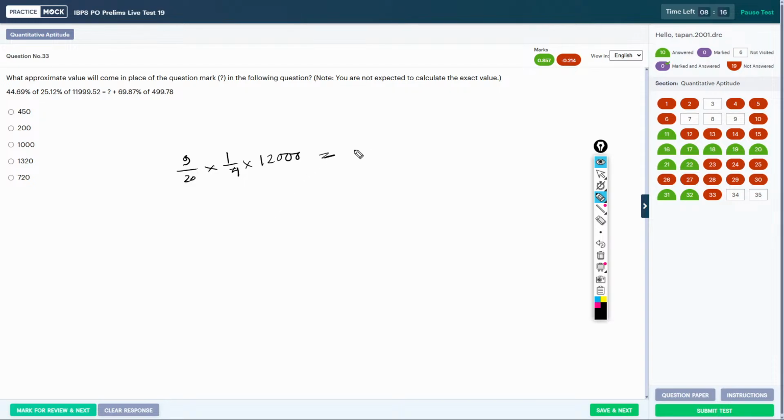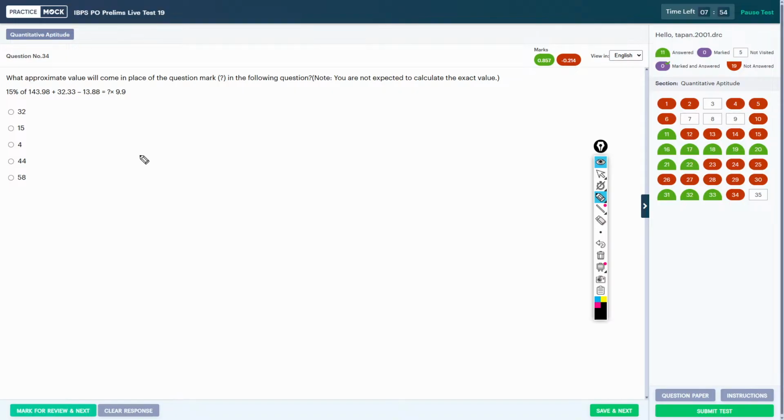Okay, minus 7 into, so 350 is equal to x. Okay, so 80, 0 with 8, 150 into 9 means 1350, so 1000.